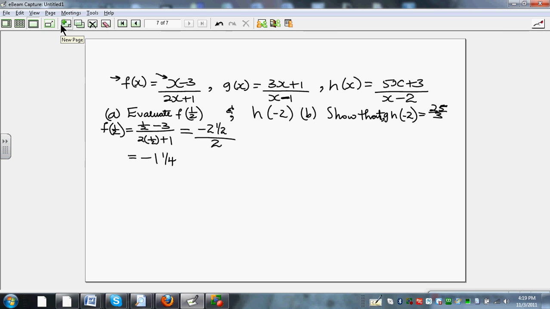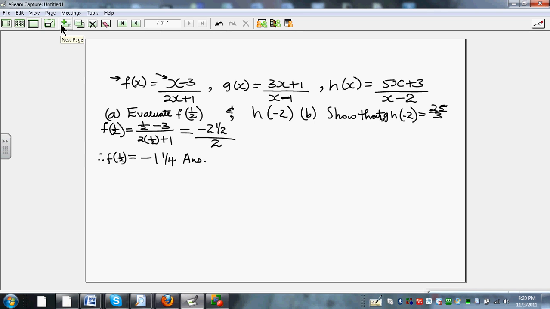So it means then that f of a half is equal to minus 1.25. That would be one answer for A.